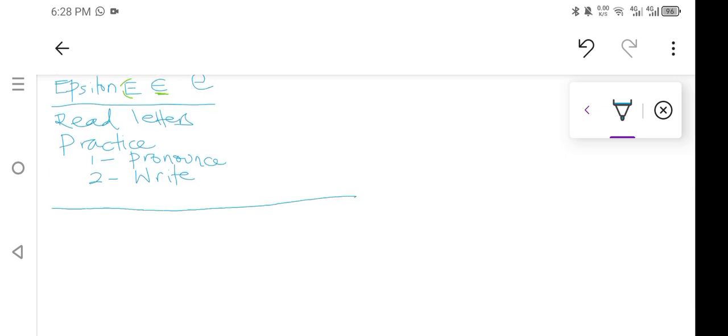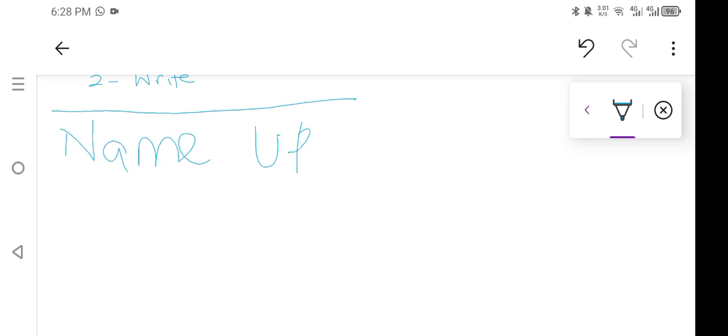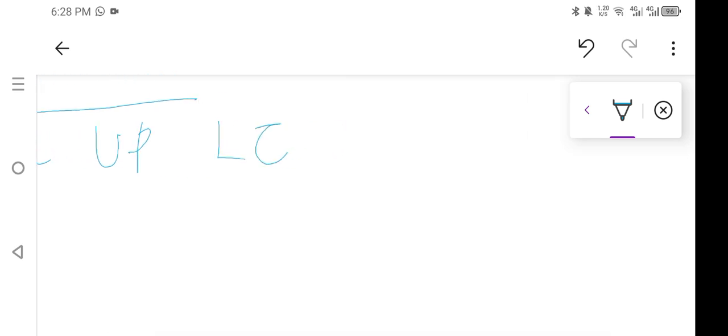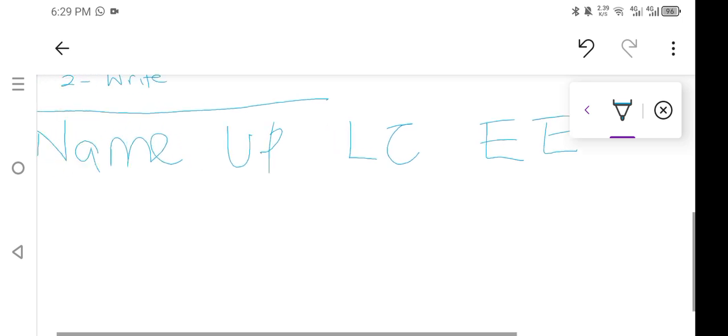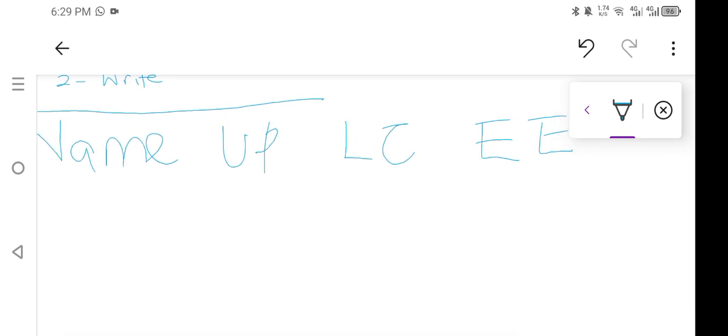As we've been doing, we have the name of the letter, how it is written in the uppercase, how it's written in the lowercase, and its English equivalent. So remember that.